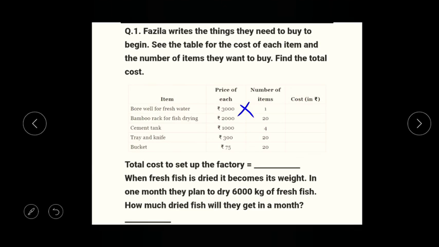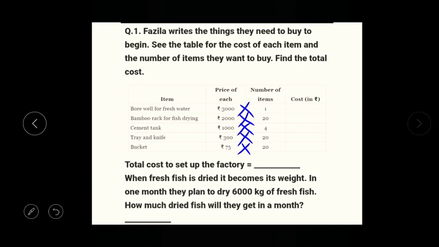In the second case, we multiply 20 with 2000. For the cement tank, we multiply the number of items, that is 4, with the price for each item, that is 1000. For tray and knife, we multiply 20 with 300. And finally for bucket, we multiply 20 with 75.